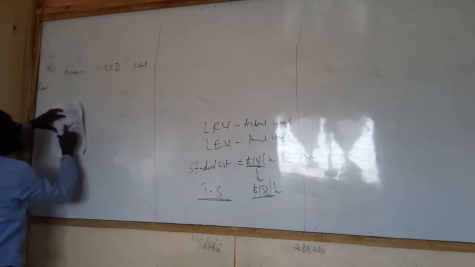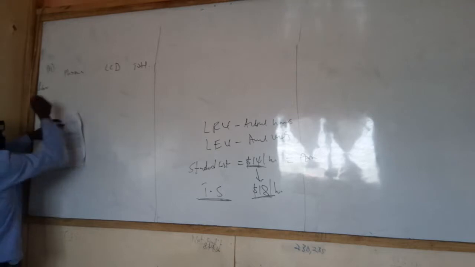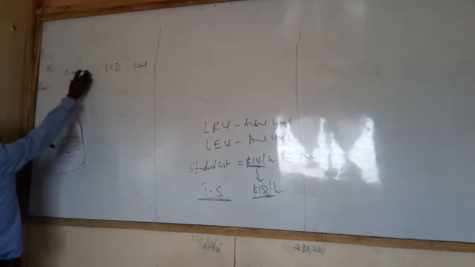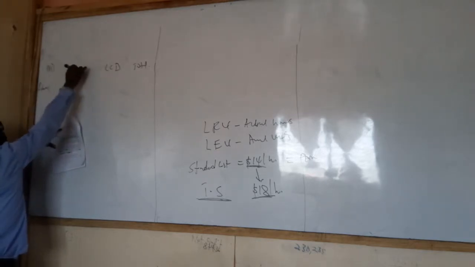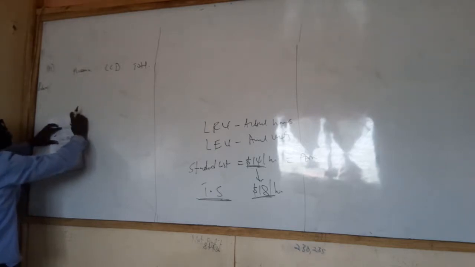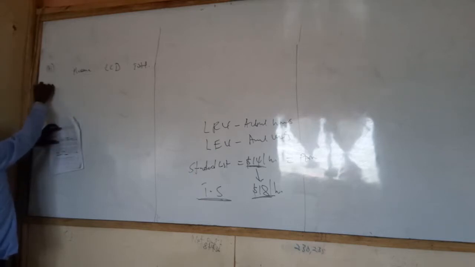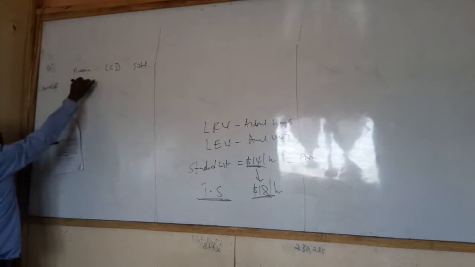What is the usage per hour? 2. So 750 by 2 is what? 1,500. So labor hours at efficiency, 1,500 for plasma.